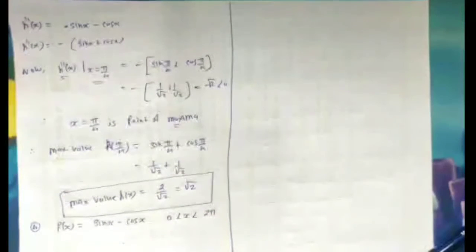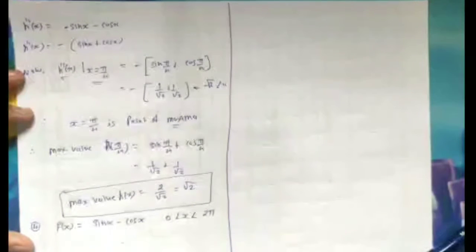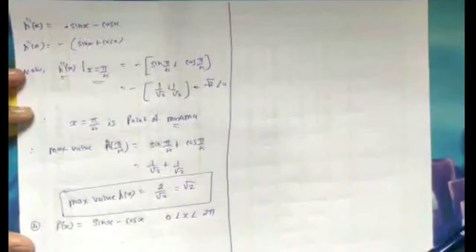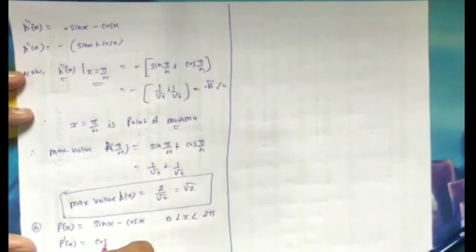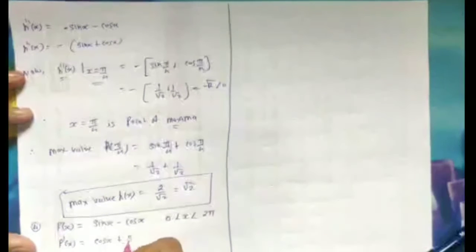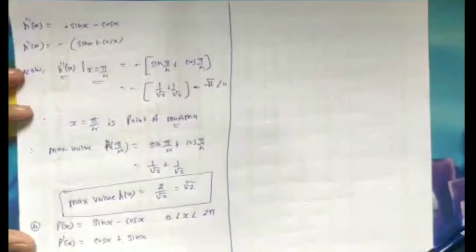Done. So here we are applying our second derivative test. For the second derivative test, we have to find the first order derivative. So first order derivative is f dash x, which is equal to cos x plus sin x. For the first order derivative test, we require critical points.